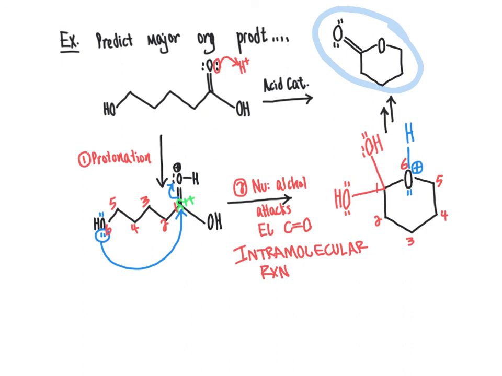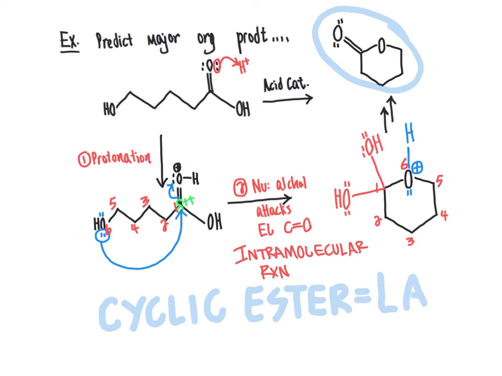There is a special functional group name that we use to assign to a cyclic ester. A cyclic ester takes the special functional group name of lactone. So the term lactone would be the most accurate, most descriptive functional group to describe what we have created here.